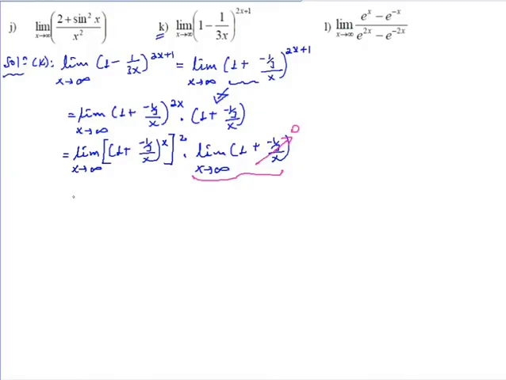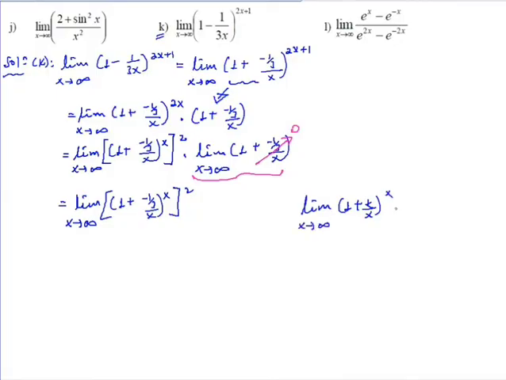So we have only this part, the limit of 1 plus minus 1 over 3 over x to the power of x, the whole squared, as x approaches infinity. To remind you of the rule for such limits, whenever we have the limit of the form 1 plus k over x to the power of x as x approaches infinity, such a limit can be expressed as e to the power of k.